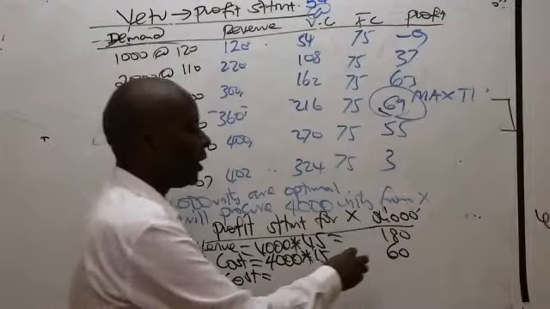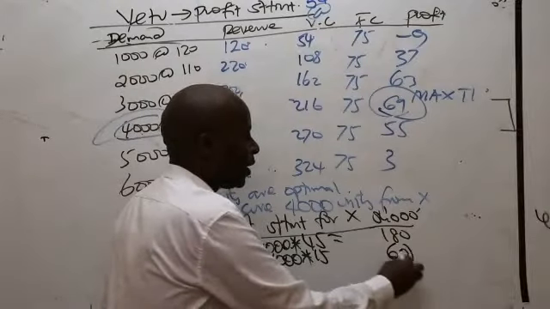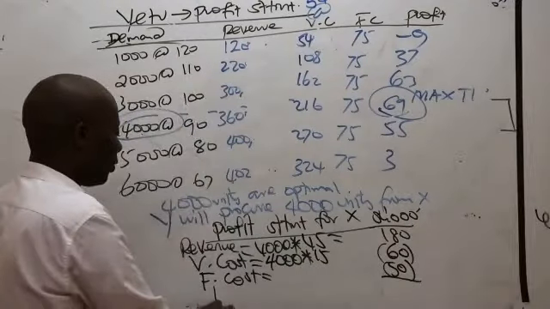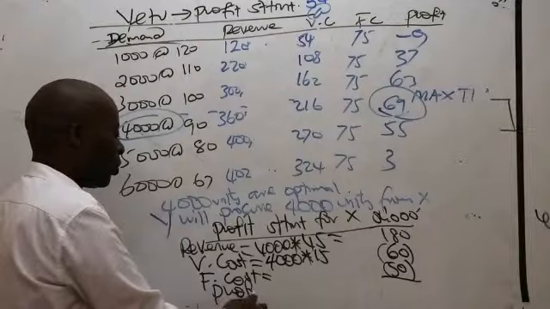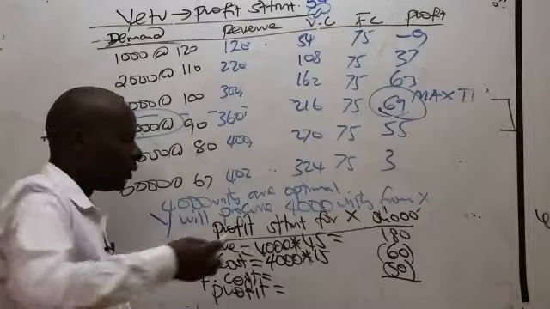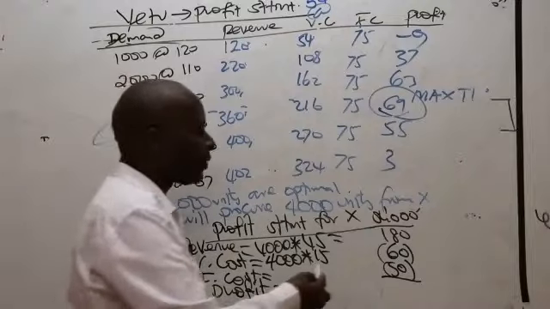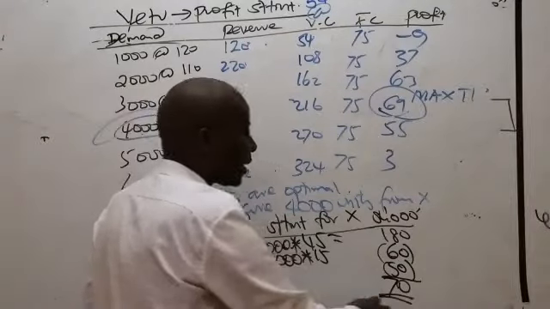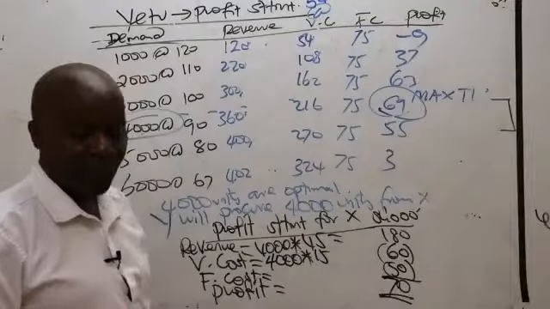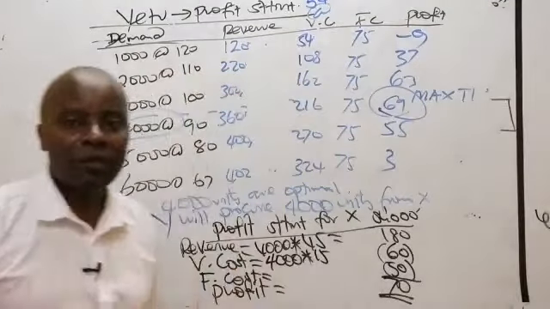Please deduct the two costs to give us the profit for this division. So 180 minus 110 gives us 70.